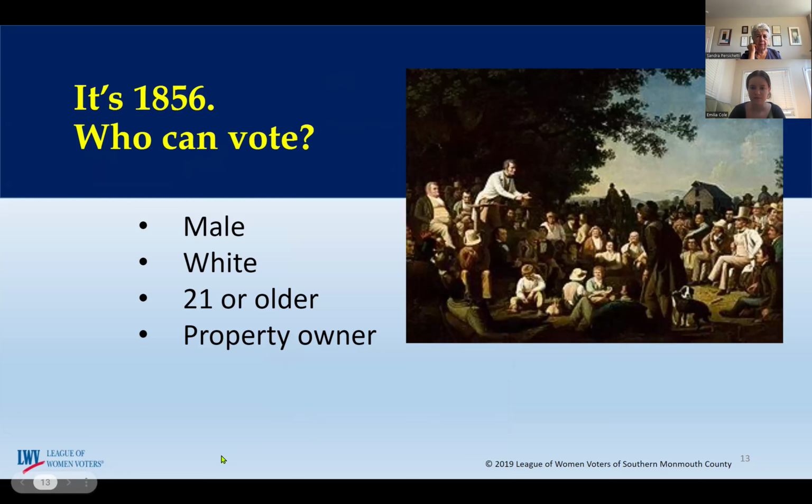Property owner. Okay. So property owner is clicked off, and I want you to look at your card and your characteristics. If you were a male, white, and 21 or older, you can turn your screen back on now. Well, hi there, Tiffany. Remember, we still can't see Sandra. All right, so it's the 2 of you.